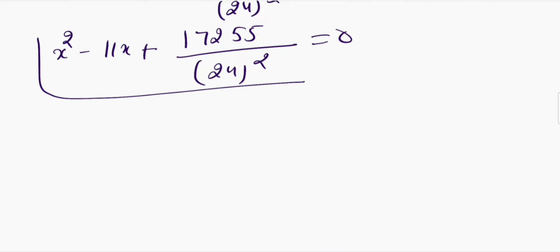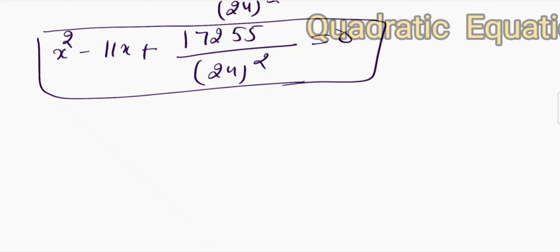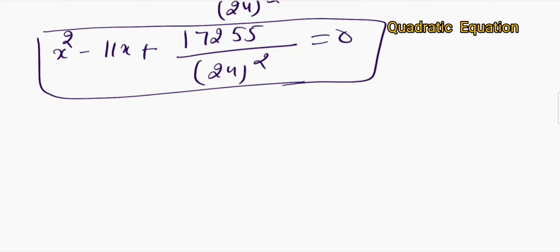Now this is my quadratic equation, and I'm not going to solve it with the conventional method. Here I'll use one trick. What will I do? I will multiply and divide the 11 by 24.